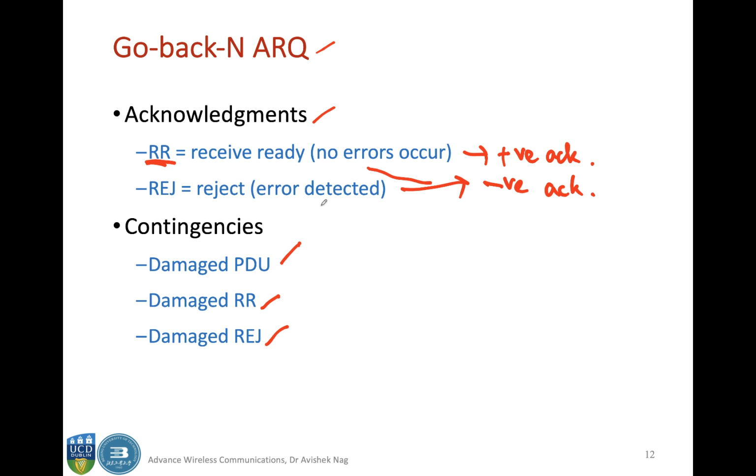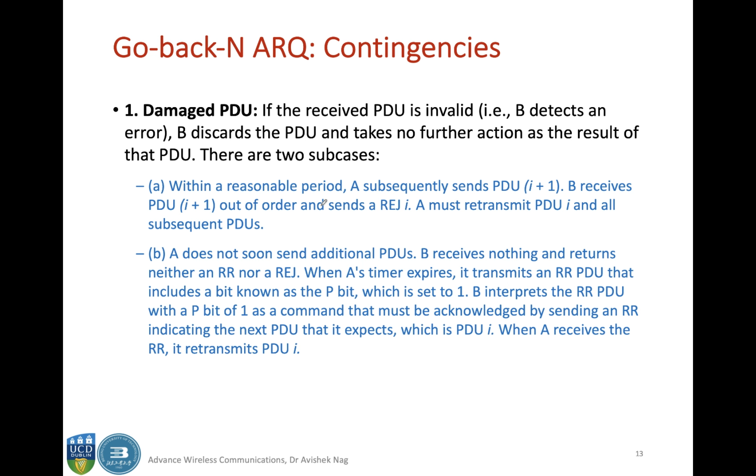Okay, so let's consider scenario 1, which is a damaged PDU. Let's say you have the sender A and the receiver B. If the received PDU is invalid, then B detects an error and B discards the PDU, of course, and takes no further action as the result of that PDU. Under this case, there can be two subcases.